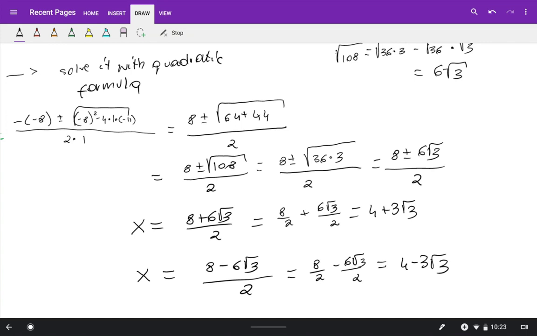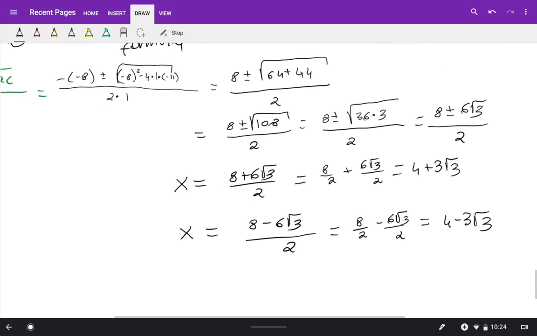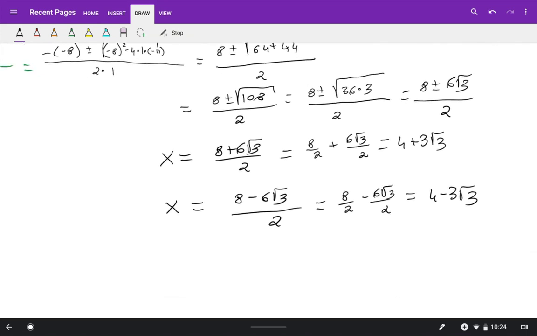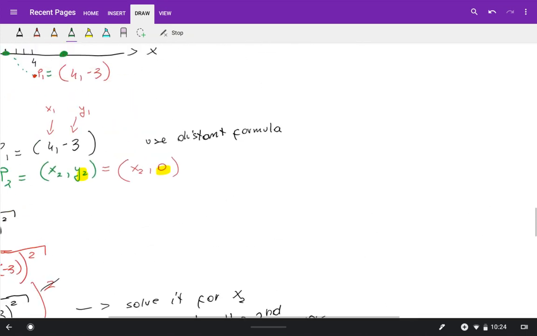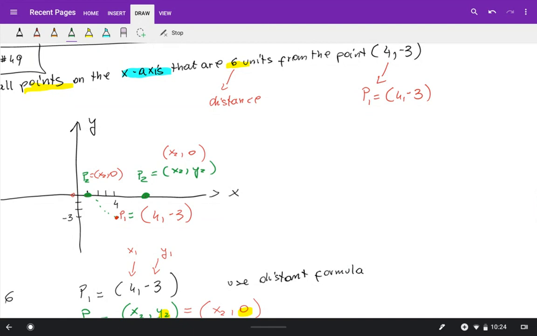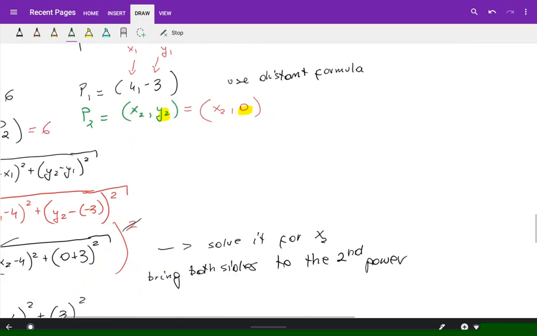So we have two solutions. What that means is that the points on the x-axis have coordinates. The first one, 4 plus 3 radicals of 3. Don't forget the y too, because the points we're looking for, which are on the x-axis, have 0 as the y coordinate.